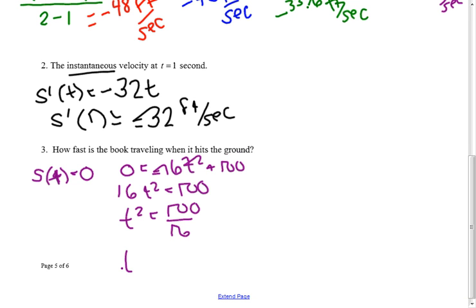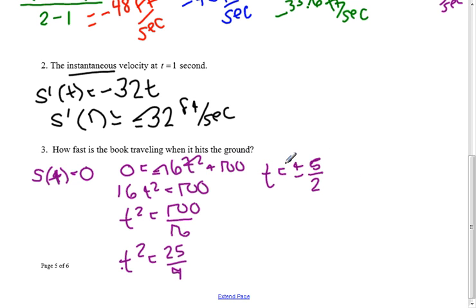Which would be 25 over 4. Okay, we're going to take the square root here. Always remember plus or minus. So t equals plus or minus 5 over 2, since the square root of 25 is 5.